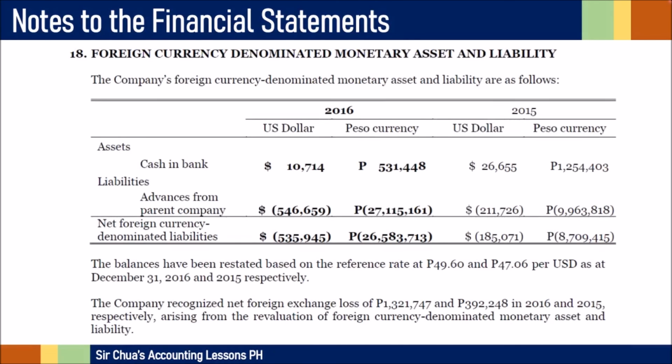And then in any case that you have foreign currency denominated monetary assets and liabilities, you also explain where they come from, what is the exchange rate that you used, and the proper detailing of all those transactions in foreign currency. So those are just basically how you present your notes to financial statements. But if you are curious on how it really looks like on the totality of an entity, you can download the annual report of any company that you are interested in.